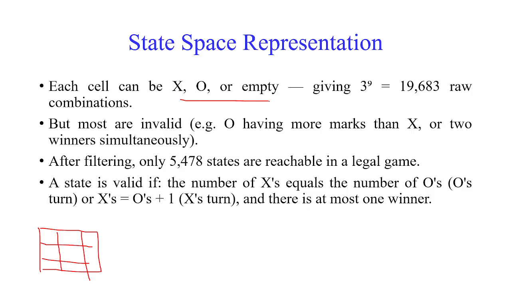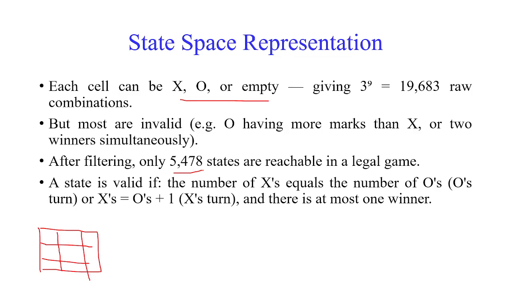Or what if two players both have three in a row? That's also impossible. All these are invalid states. So after filtering out all the illegal configurations, we are left with only 5,478 reachable states. So that is our true state space.